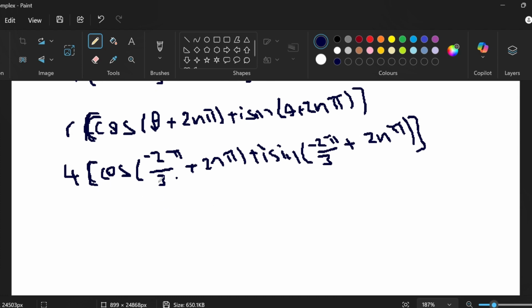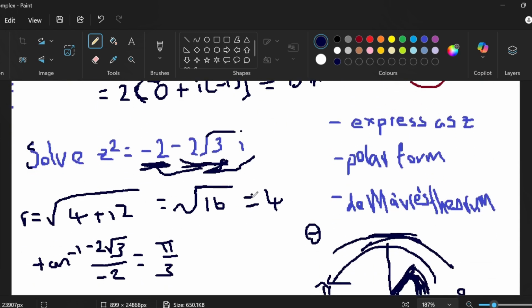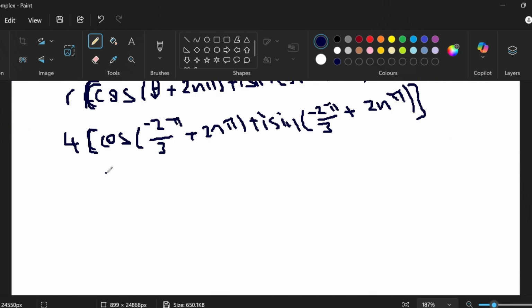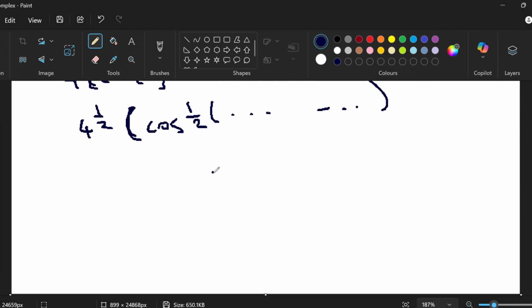Now again, to get my roots, I'm going to raise this all to the power of a half, because I'm finding the square root of this number. So using de Moivre's theorem on this would be 4 to the power of a half times cosine of 1/2 times all of this. I'm sure we know the drill by now.